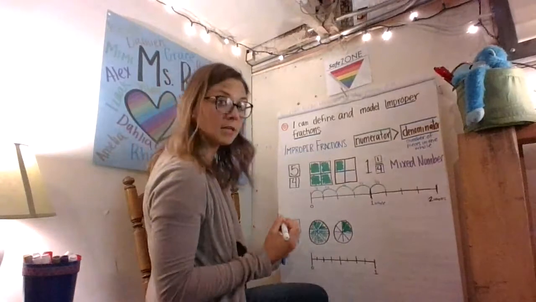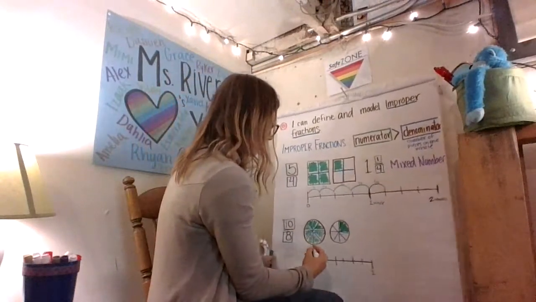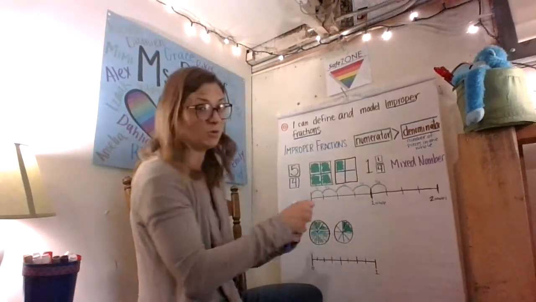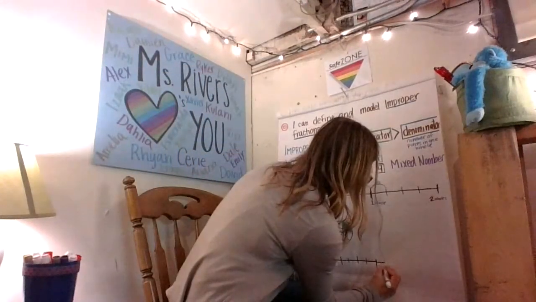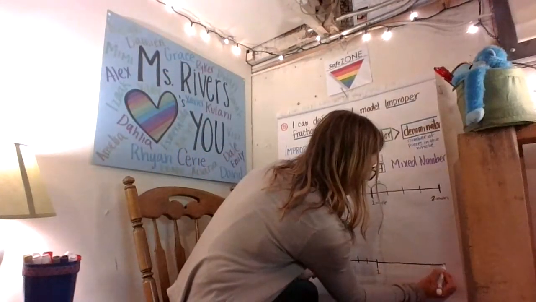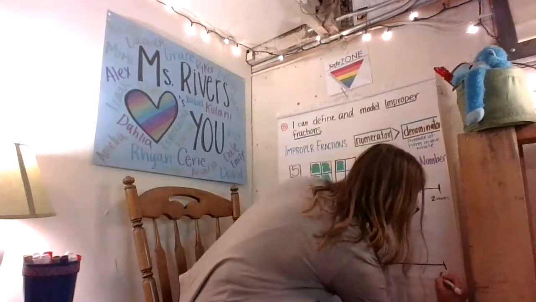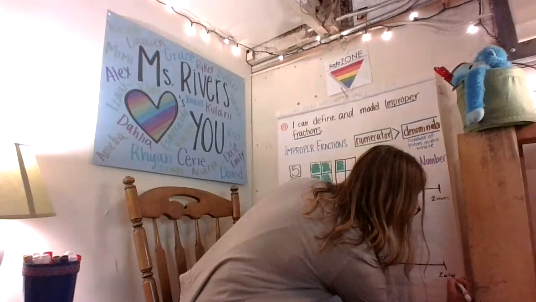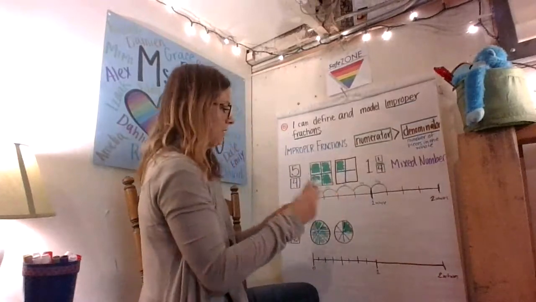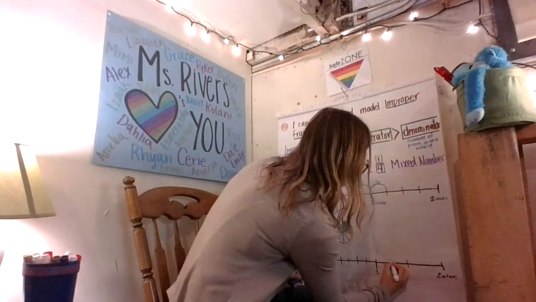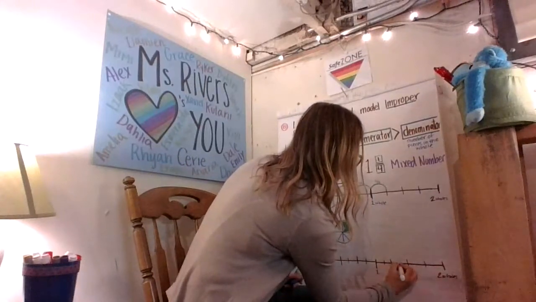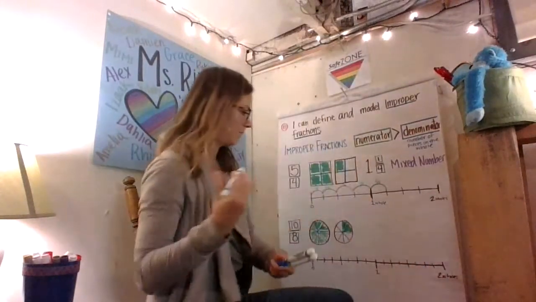On my number line, I already know that I have to have 2 wholes based on my diagram, so I'm going to extend this down here, 2 wholes. I'm going to add my 8ths.